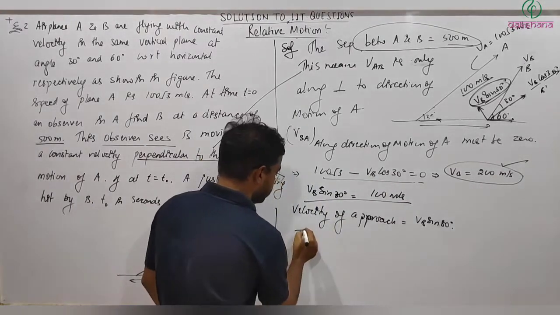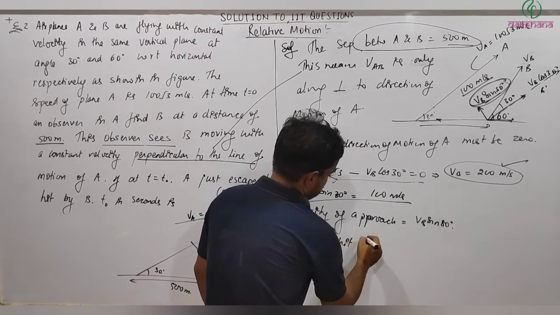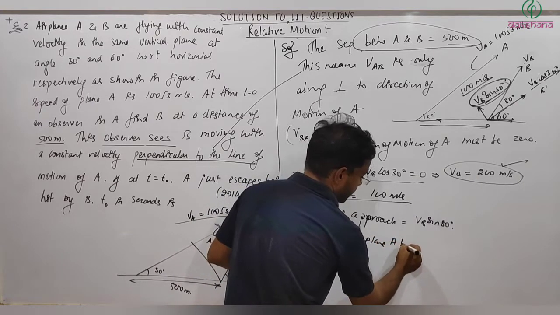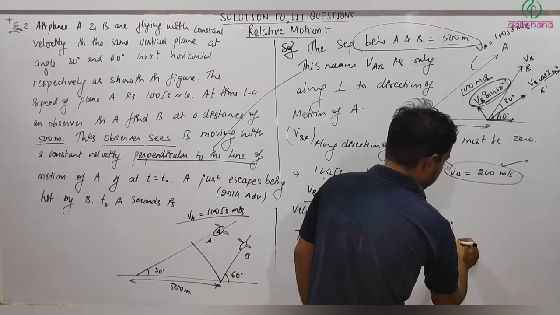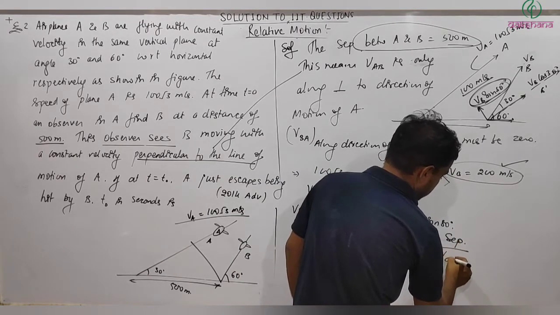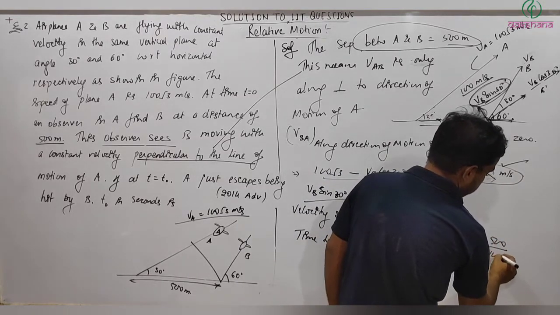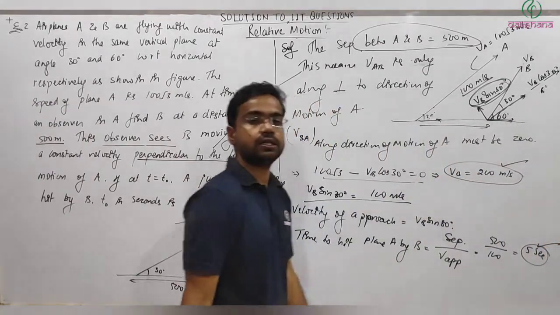So the time to hit plane A by B is separation divided by velocity of approach, and this comes out to be 500 divided by 100, that is 5 seconds. This is the answer to the problem.